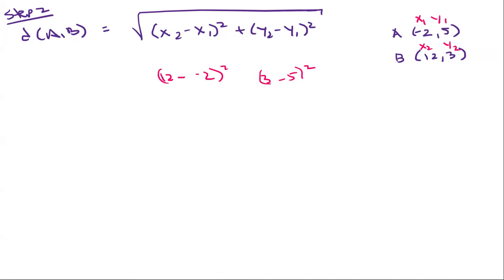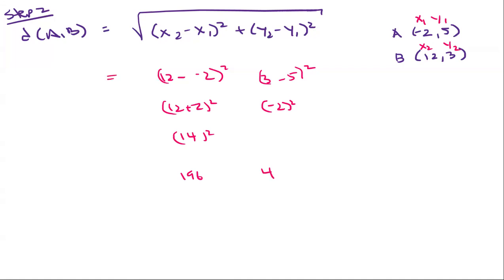Let's simplify this and see what we get. Two negatives make a positive, so that gives us 12 plus 2 squared, which is 14 squared, which is 196. Over here we have -2 squared. -2 times -2 gives us a positive 4.